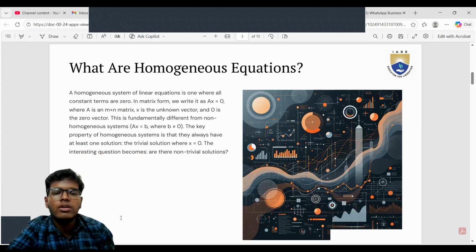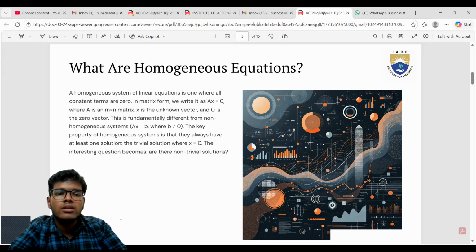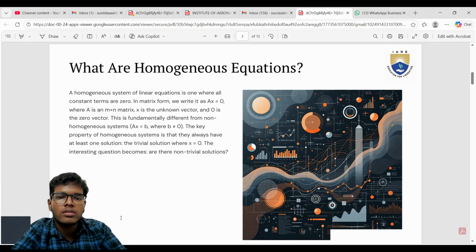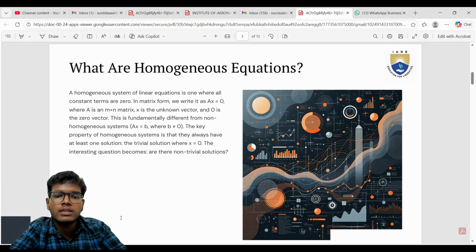So basically, what are homogeneous equations? The formula Ax = 0 contrasts with Ax = B, where B is not equal to 0. In matrix terms, it's a system where all constant terms are 0, written as Ax = 0. Now, why does this matter?